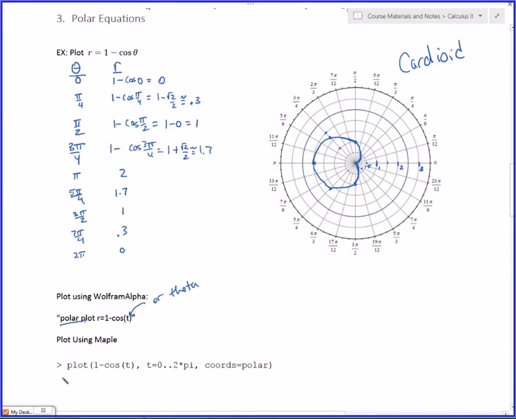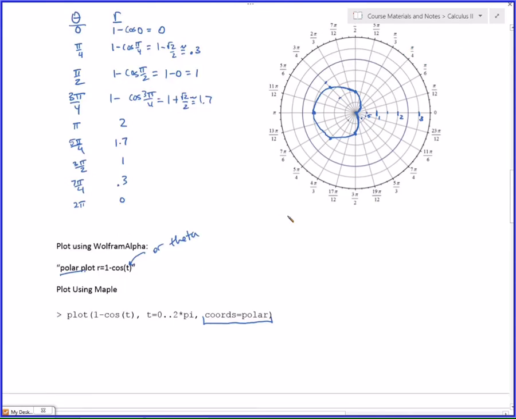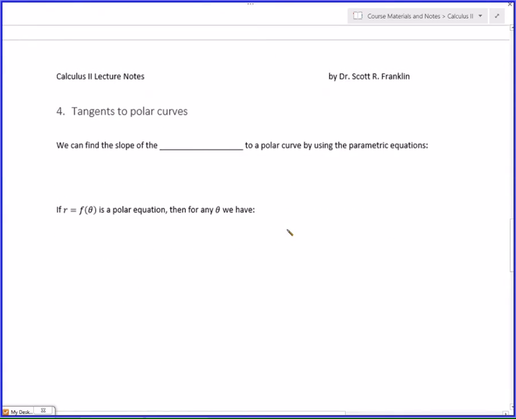In Maple, the command is still plot, but you add this argument down here at the end to tell it to plot in polar coordinates instead of rectangular coordinates. If it plotted all of these as rectangular points, it would look completely different than this. So you need to tell it to think of it as polar coordinates.